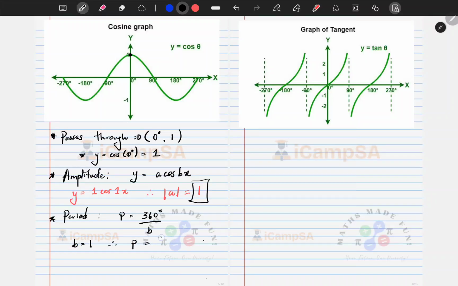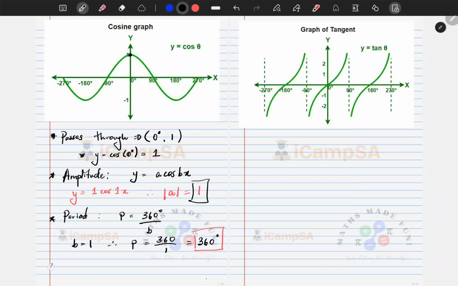Therefore, your period is going to be 360 divided by 1 equals 360 degrees. So this is what will define your period. I want you to take note of this: the period for the general sine and cosine graph is always 360, as we had already discussed with the unit circle.